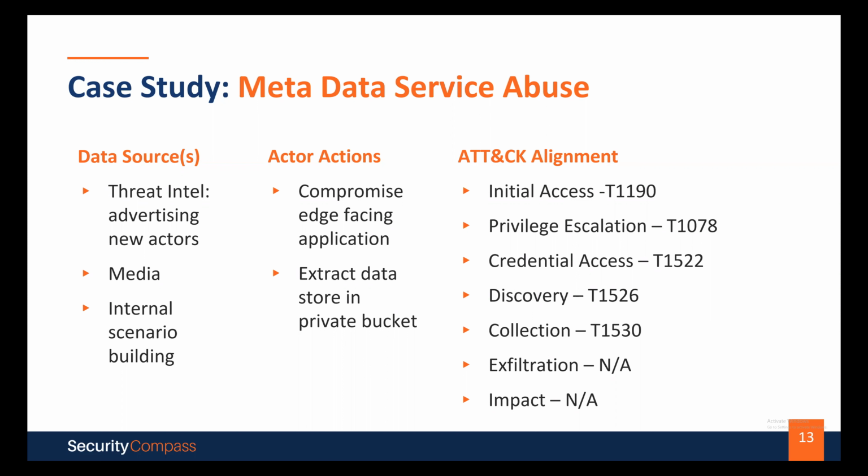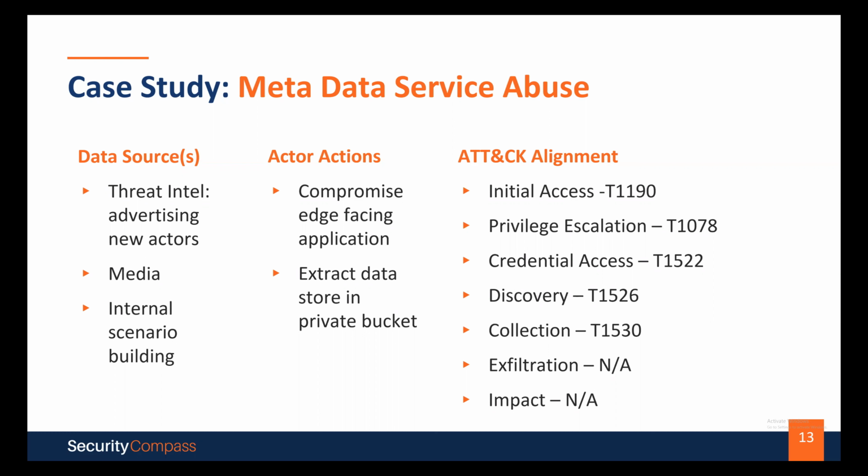So looking into how you can map this to your ATT&CK matrix, you can make some assumptions that are applicable to your organization to build a scenario with some of the missing information. So first off, we have initial access, categorized as T1190, which is exploiting public-facing applications in the cloud matrix.